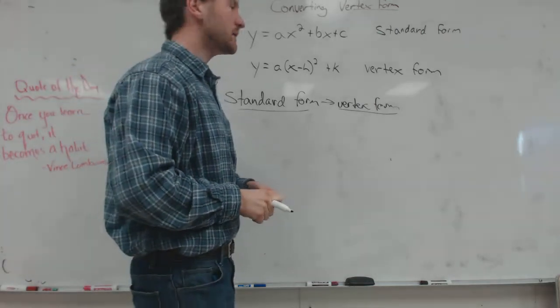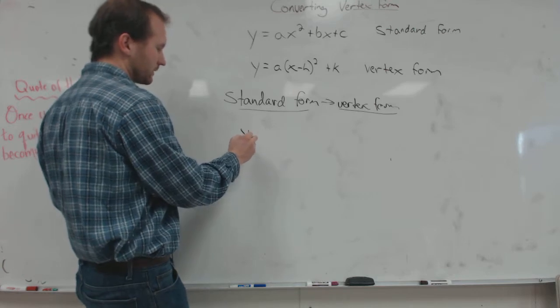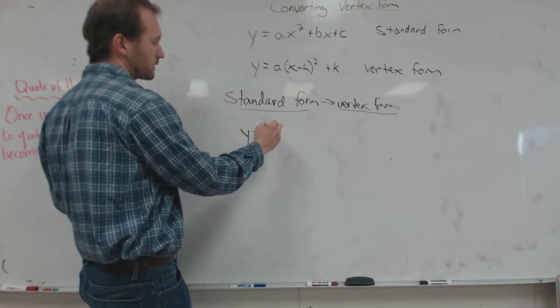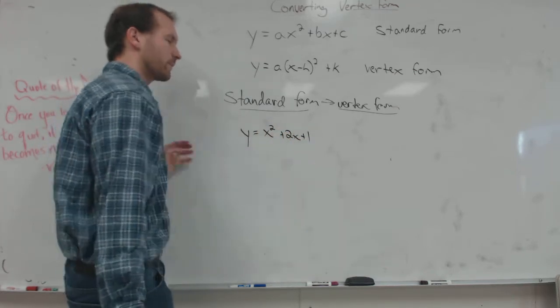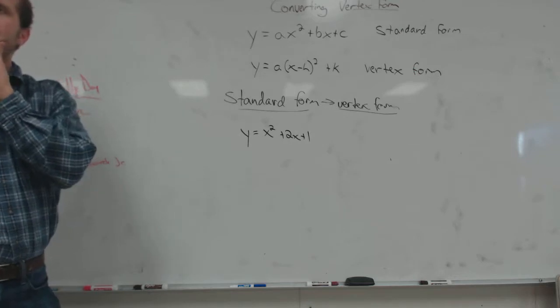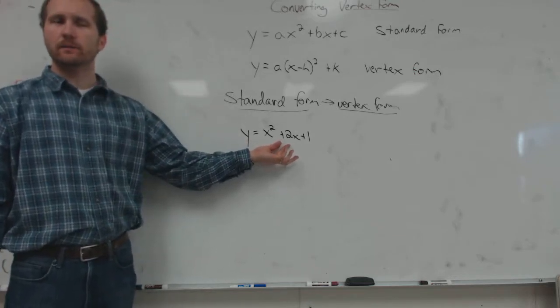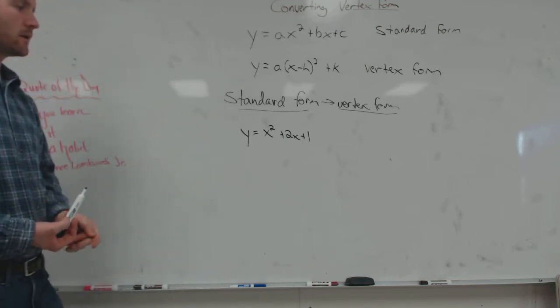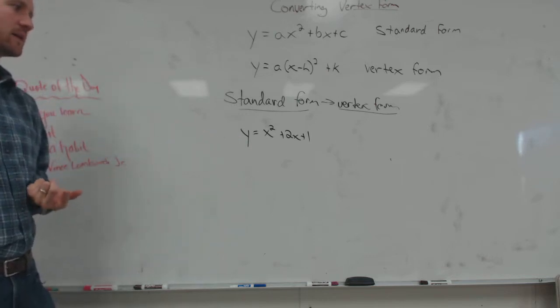I'm going to start with an easy example. So if I have something like this, y equals x squared plus 2x plus 1, I want to recognize that this is a perfect square. Okay. So if I have a perfect square, converting to vertex form is actually pretty easy.